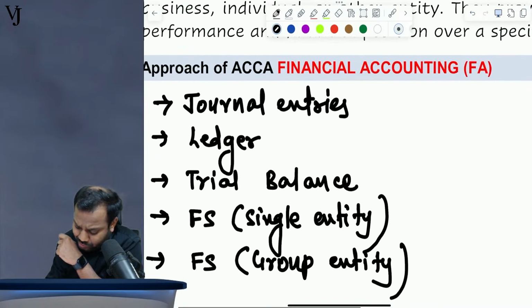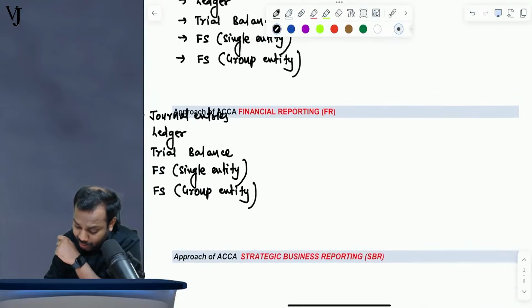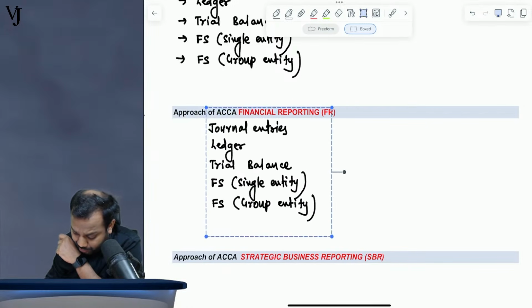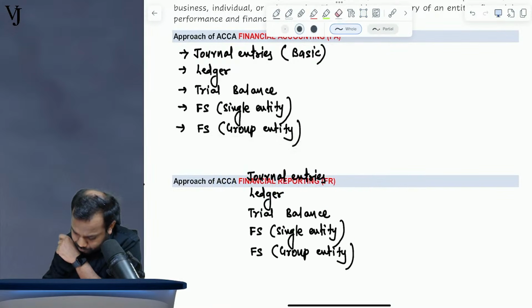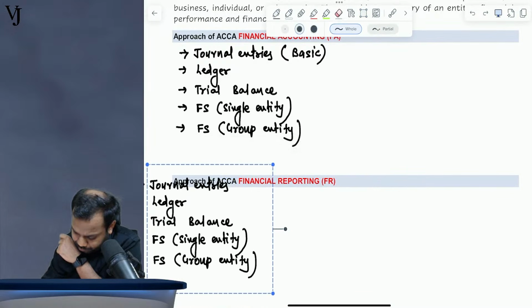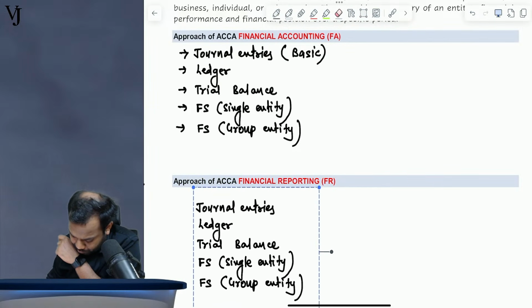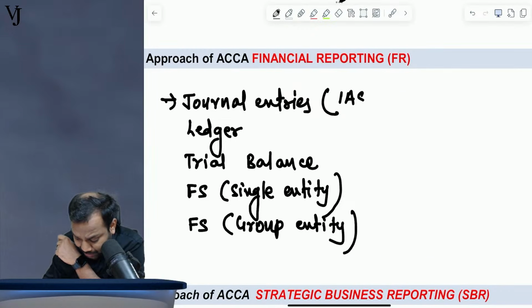The journal entries at FA level were very basic ones. At FR level, you are required to pass journal entries using IAS and IFRS.